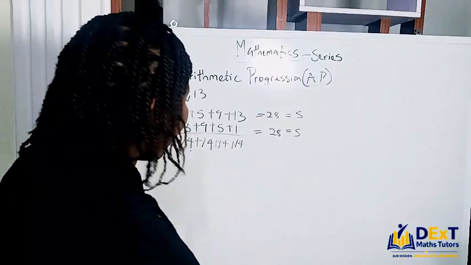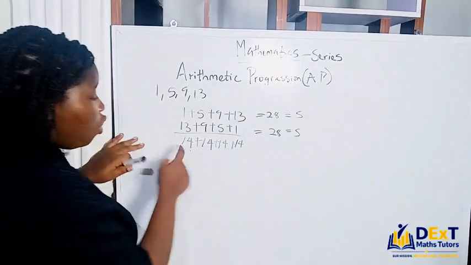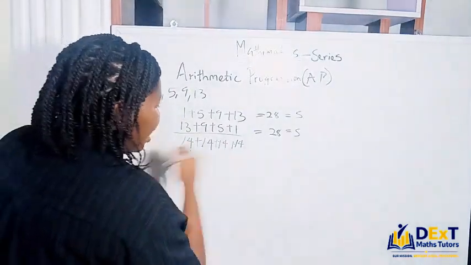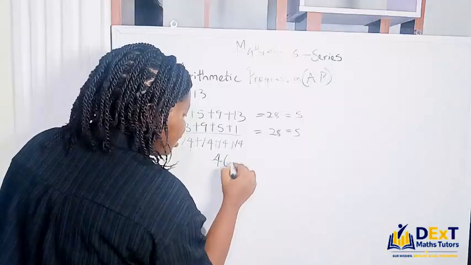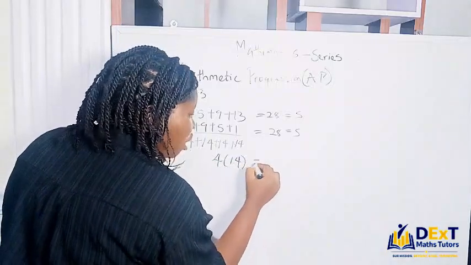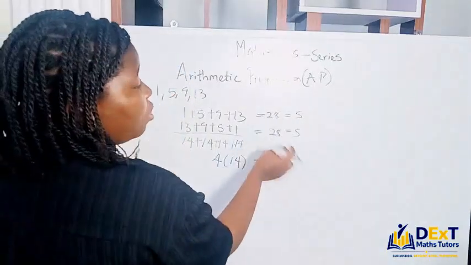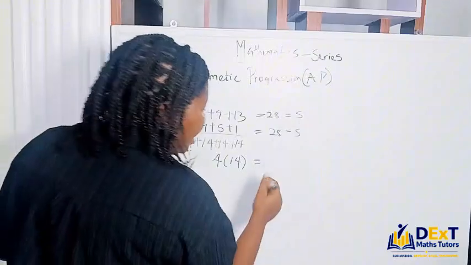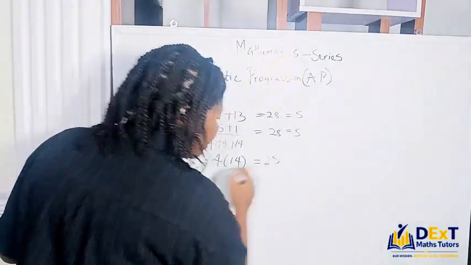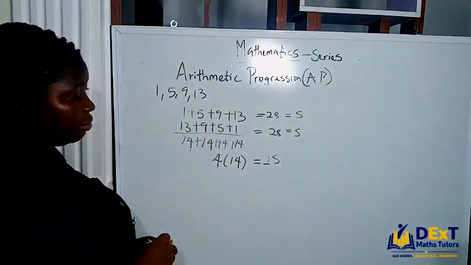So how many 14s do we have here? 1, 2, 3, 4. So we have 4 14s, equal to 28, but let's use S. S plus S gives us 2S. Do you understand?